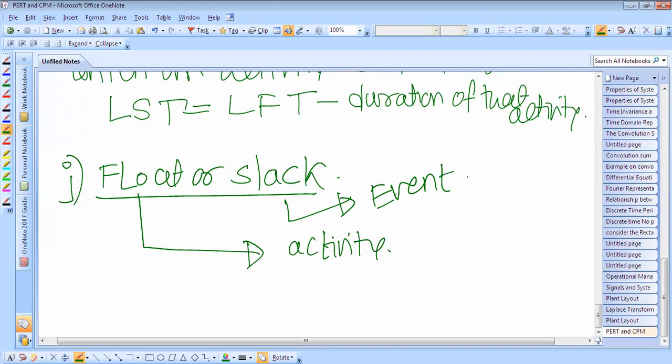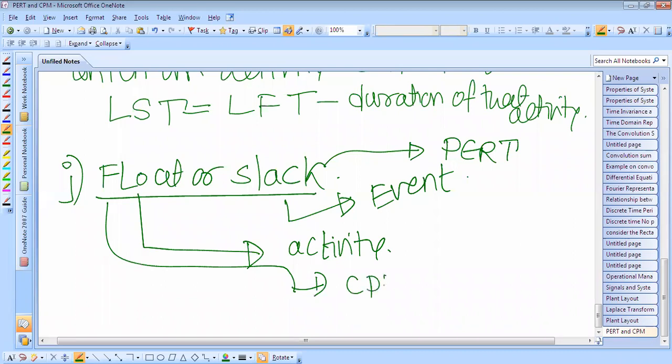In other words, we can say the slack is used with PERT and the float is used with the CPM.